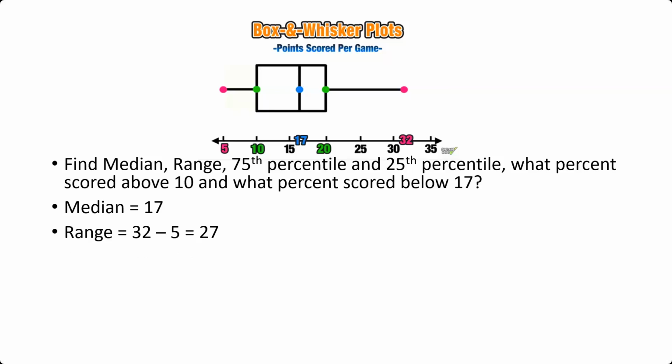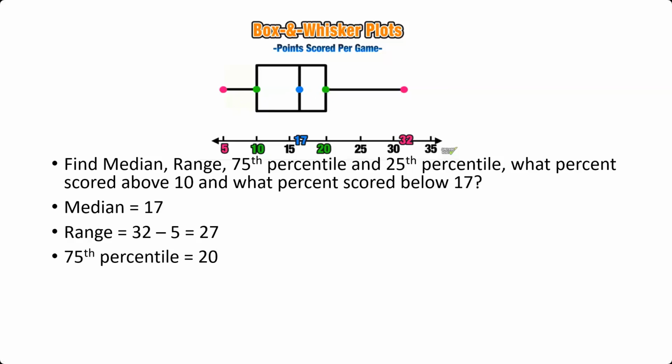Percentile is the percent below. So this would be 25, the next one 50, the following one 75. For those who are online, this middle is 25%, then 50, 75. This value, 20, has 75% of the data below it. So 20 is the 75th percentile.